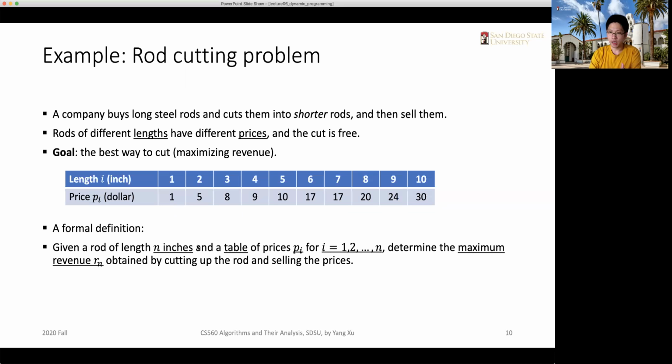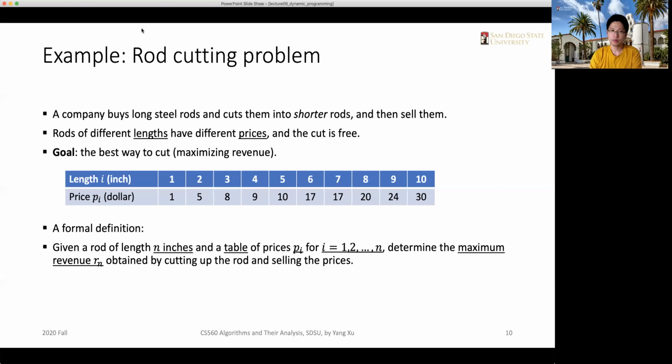So given a rod of length n inches, and given this table that tells us the prices for each segment. Okay, so the p_i indicates the price for a rod of length i inch. Okay, so we want to determine the maximum revenue, r_n, and we want to know how we should cut up the rod and sell the pieces.